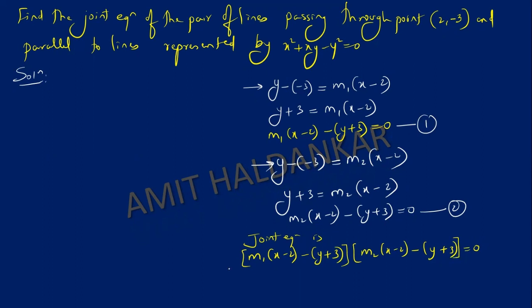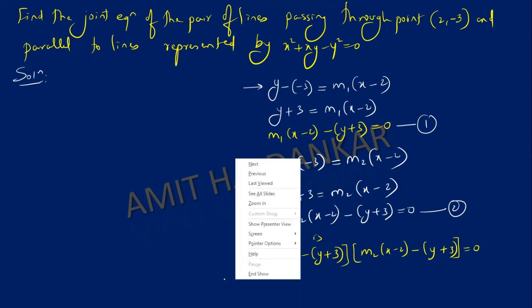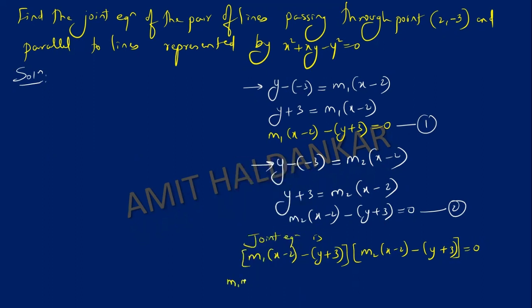Multiplying, you get m1 m2 into x minus 2 the whole square, then m1 into y plus 3 into x minus 2 and m2 into y plus 3 into x minus 2.